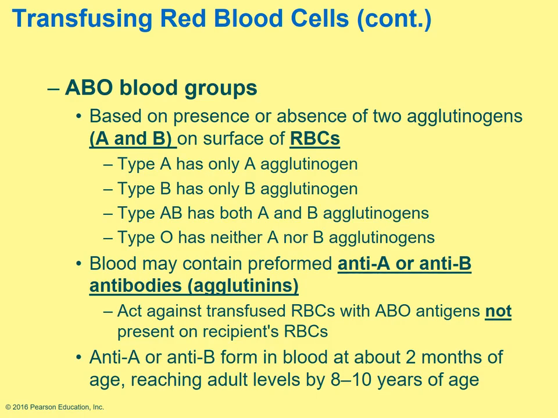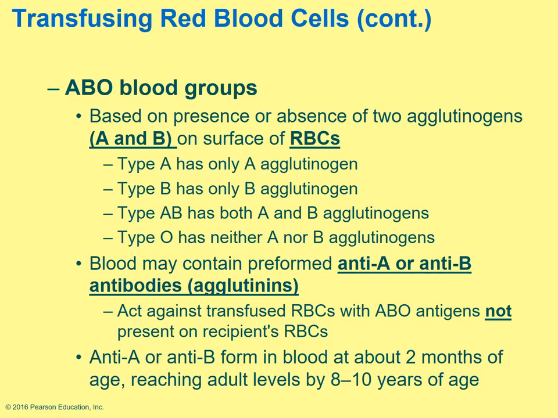Now, in the plasma, you have certain antibodies. You could have anti-A, and you may have anti-B antibodies. Both of these are antibodies that are naturally in the plasma. These will respond to or bind to those antigens that are on the surface of the red blood cell.